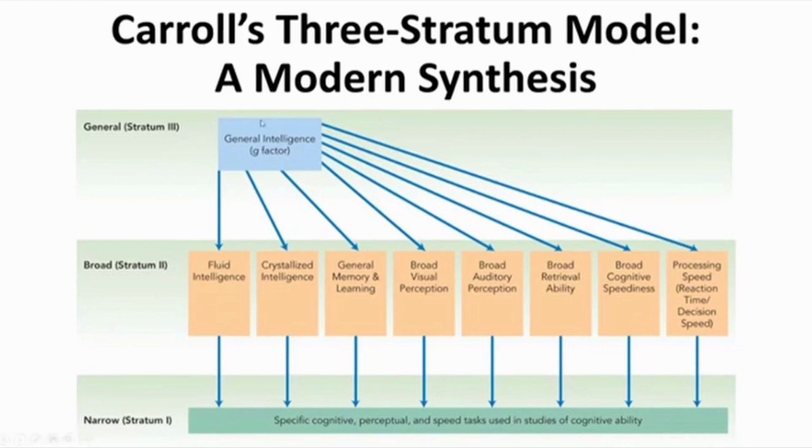And though these different factors, these three different levels, originally came from a factor analysis, Carroll is fairly confident that what was identified in the factor analysis should correspond to actual processes that are going on in the brain. So there should be something related to fluid intelligence that could be found in our brain.